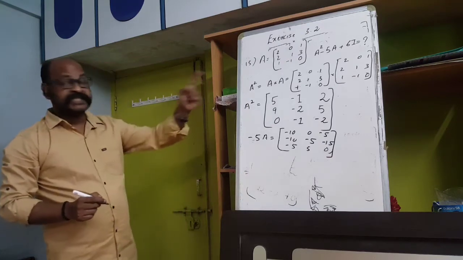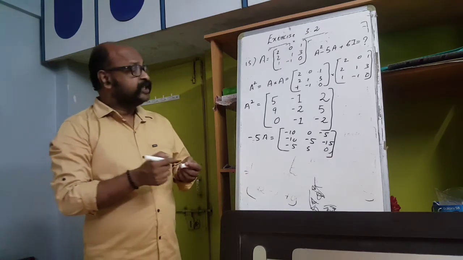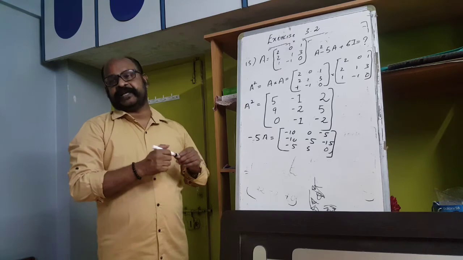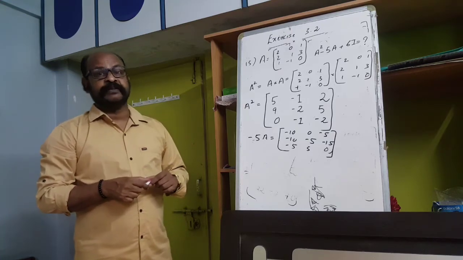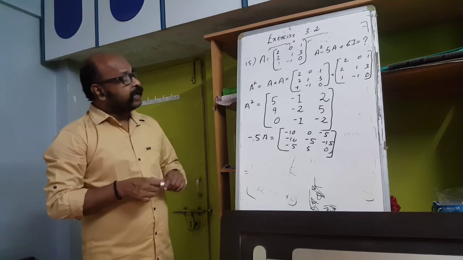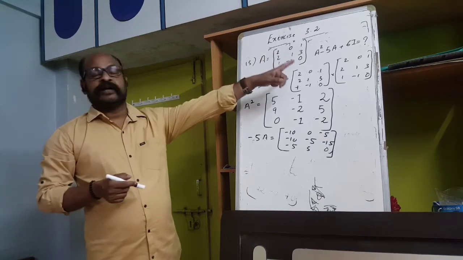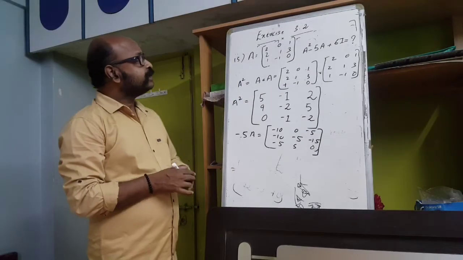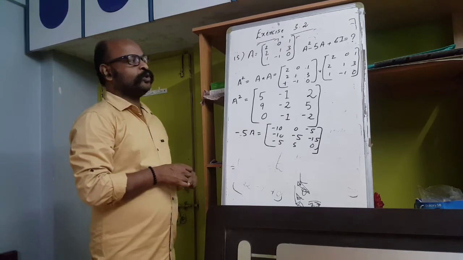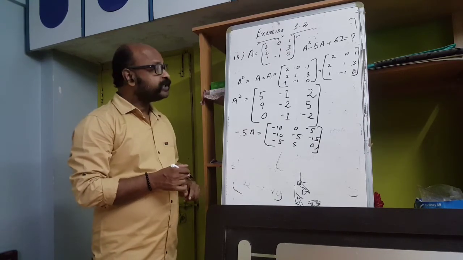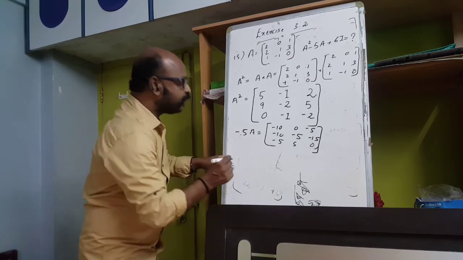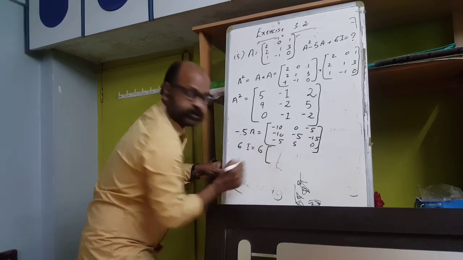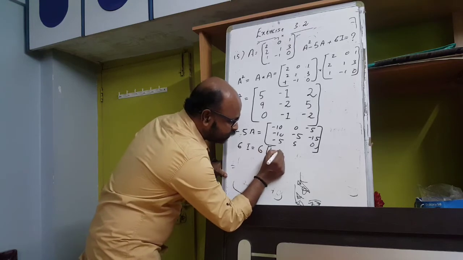Then what is needed? 6i. That also, in the different types of matrices, we said I stands for unit matrix, or the identity matrix, and we said I is the general representation depending on the order. So here A is a matrix of order 3, so I stands for unit matrix of order 3, that is 1 0 0, 0 1 0, 0 0 1. So 6i is 6 into unit matrix of order 3.